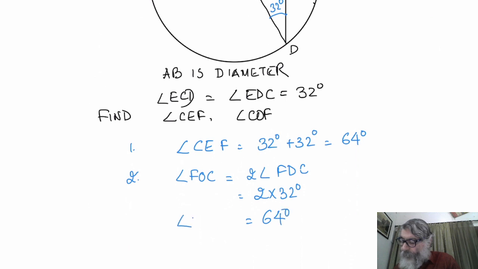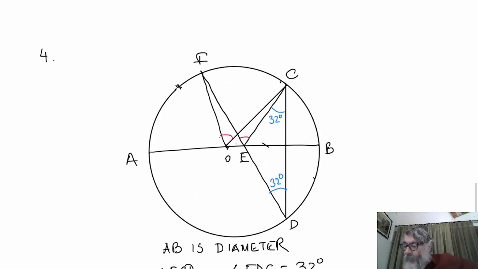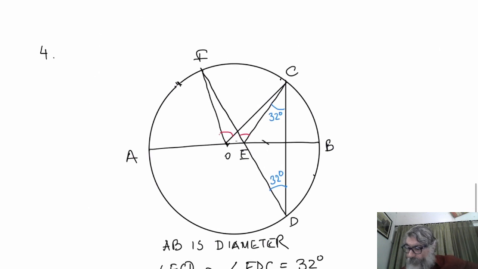Again, this is the double angle property: angle subtended by an arc at the center. Which arc are we showing? The arc FC, let me name it K here. Arc FKC makes an angle FOC at the center.